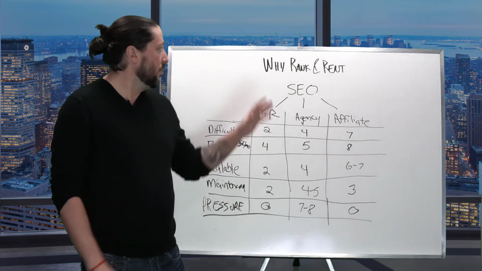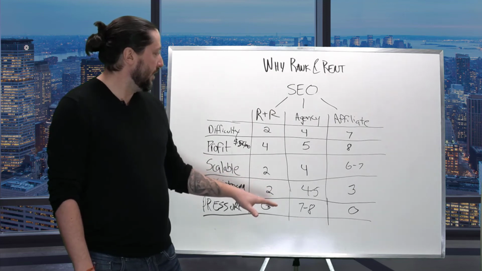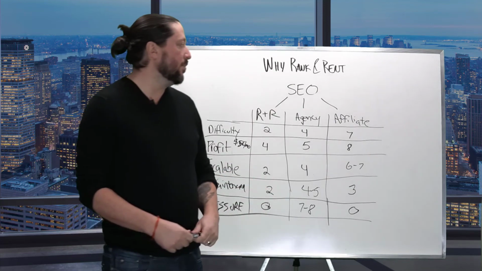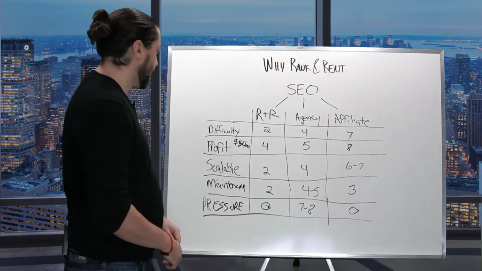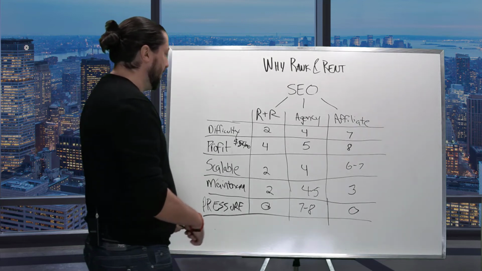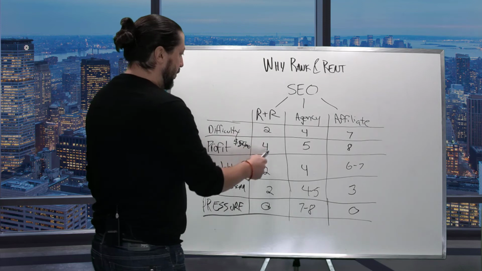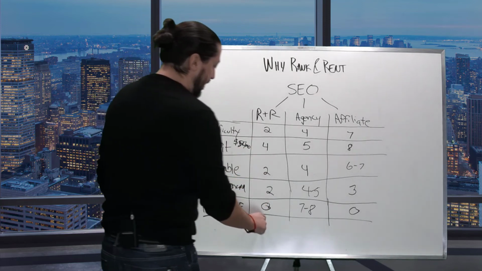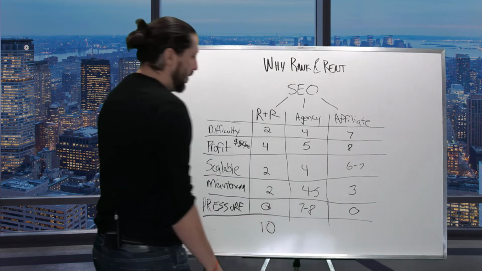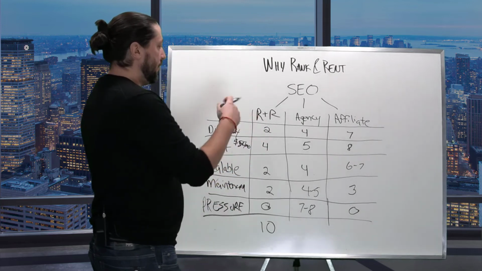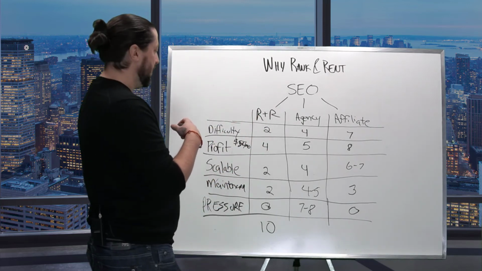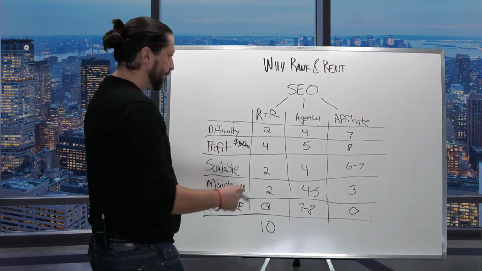So when you look at all these items, and I'm sure there's more that I could go over, we have a total difficulty score here of 2, 6, 7, 8, 9, 10, okay? And remember this whole thing, why do I choose Rank and Rent? 0 is the easiest, 10 is the hardest.